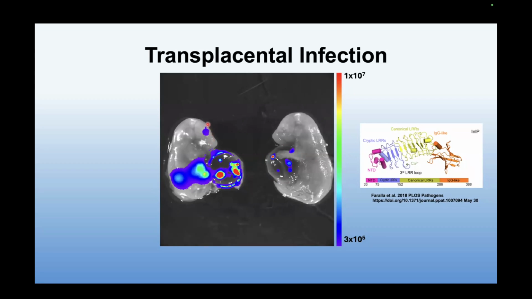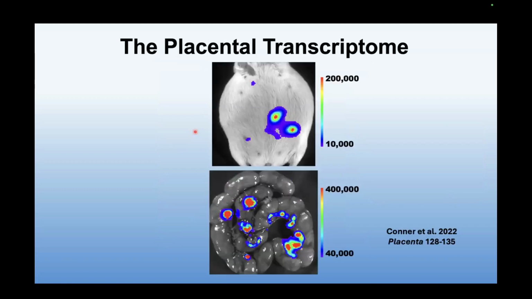You see this kind of creepy image here of the eye, and that's because Listeria has gone into the blood of the fetus, and the eye is very close to the surface. The blood has very little tissue in between that and the camera, so you get this lit up eye that looks kind of scary.